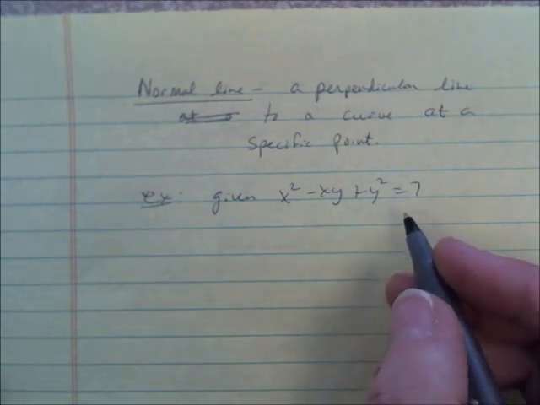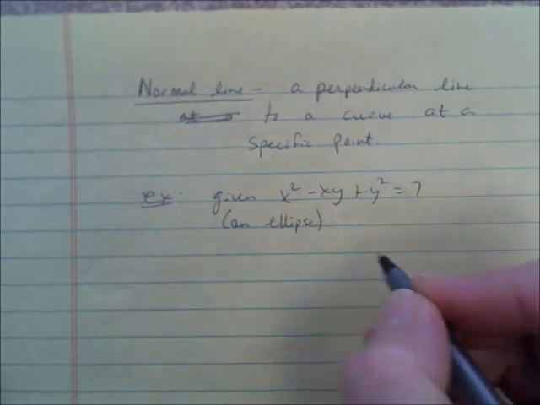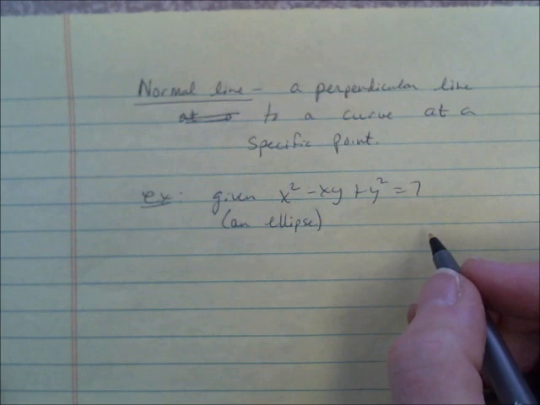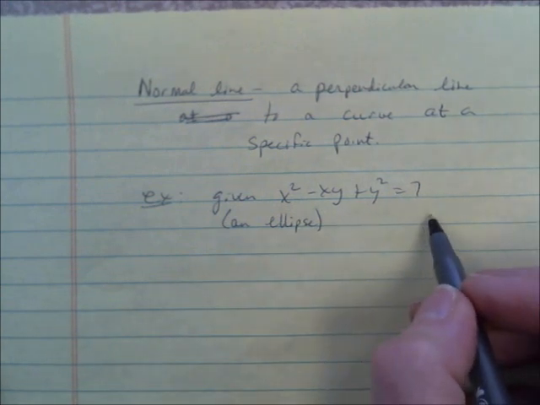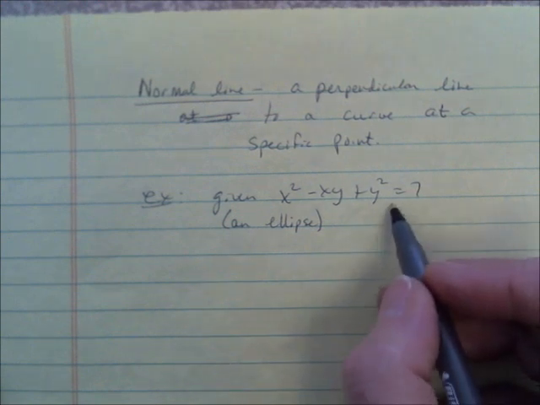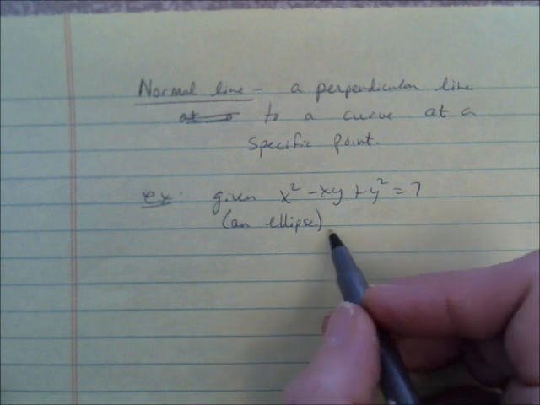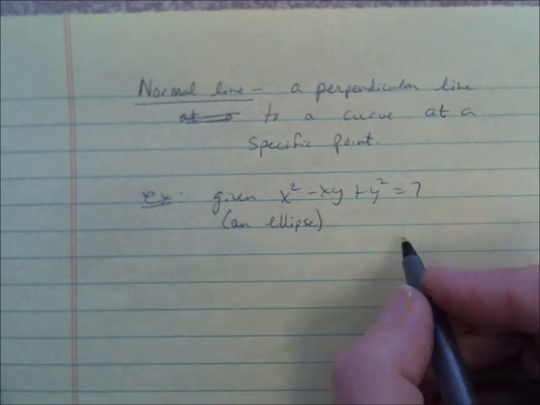This is actually an ellipse that's been rotated. Normally you've studied ellipses where the major axis is horizontal or vertical. On this particular ellipse, the major axis is a diagonal line.